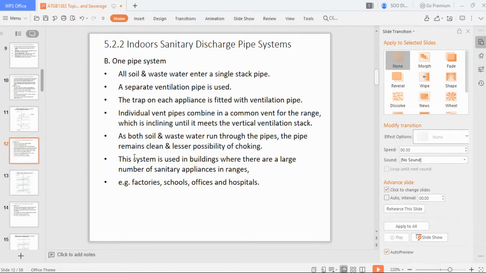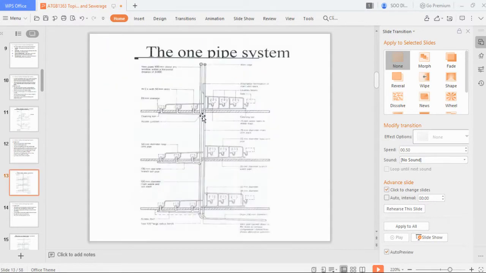This system is used where there are a large number of sanitary appliances in a range. With the air vent and these two pipes, one is air vent and one is discharge, you will be able to ensure there won't be any blockage in the pipe. That's why you want to have an air vent.